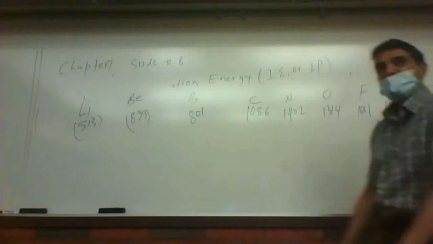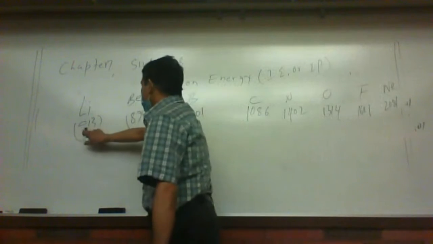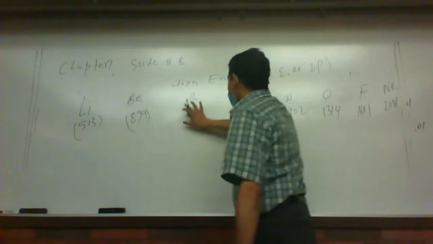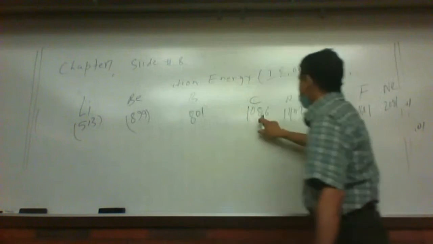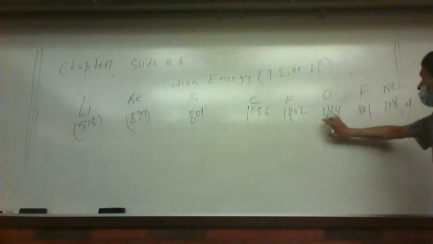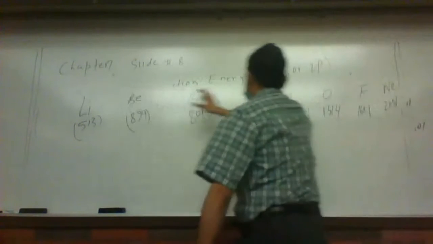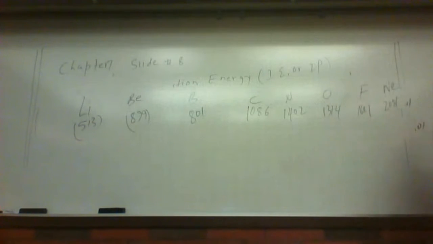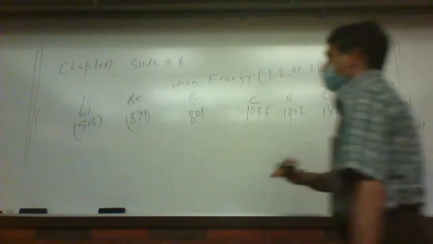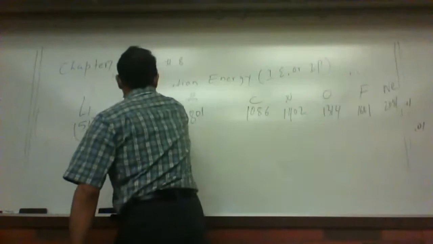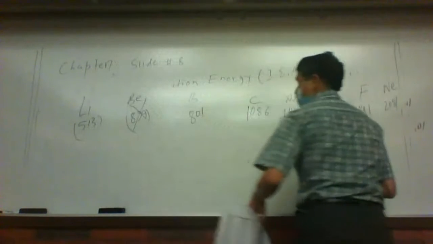If you see here, the trend is, this is a small number, this is a bigger number. Forget this number for a while, this is an even bigger number, this is a bigger number. Forget this number for a while, this is a bigger number, and this is an even bigger number. As we go from left to right in a period, the ionization energy increases, right? There are some anomalies, I will talk about them a little bit later. So don't look at this number there.